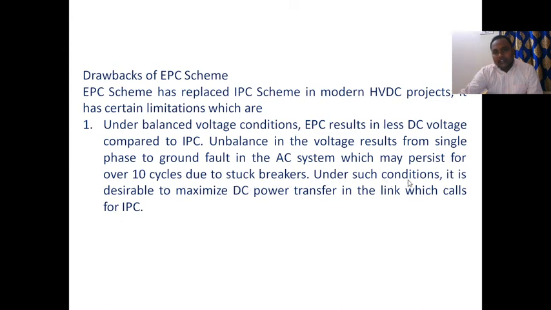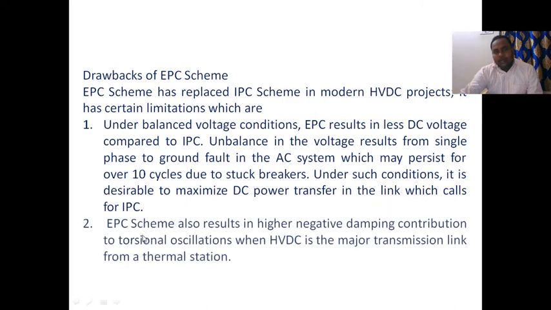Under such conditions, it is desirable to maximize DC power transferred in the link, which calls for IPC. EPC scheme also results in higher negative damping contribution to oscillation when HVDC is the major transmission link from a thermal station.